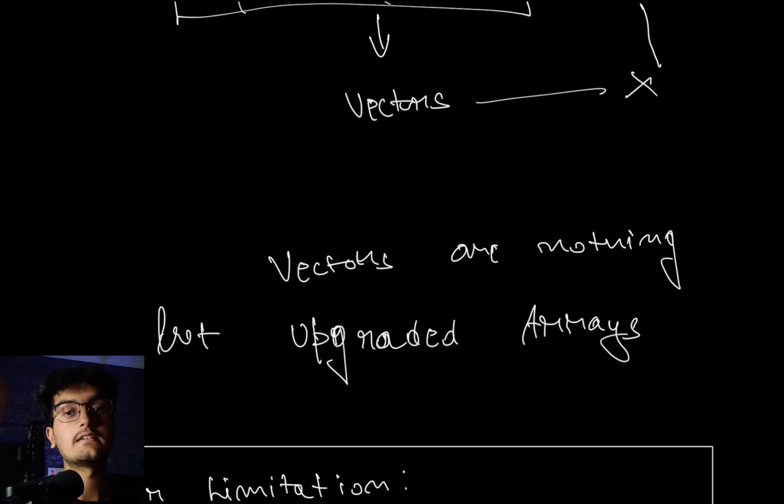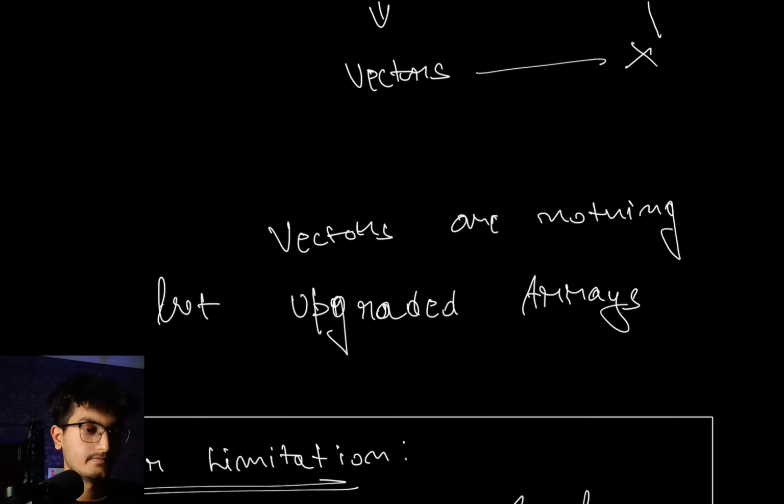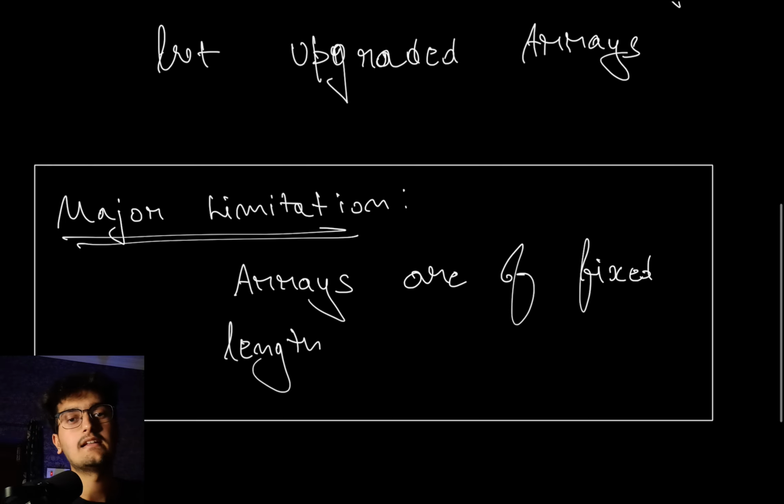See, why do we need vectors in the first place? Because our needs cannot be fulfilled by the array alone. Why, Dhruv? We know what an array is, and we know that there is one major disadvantage, or I will say limitation, of using arrays: arrays are of fixed length.